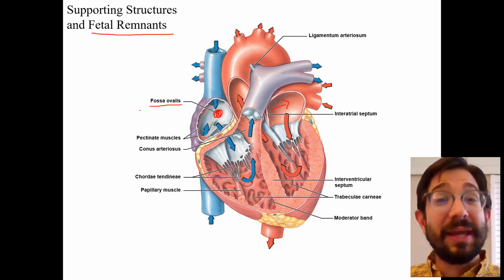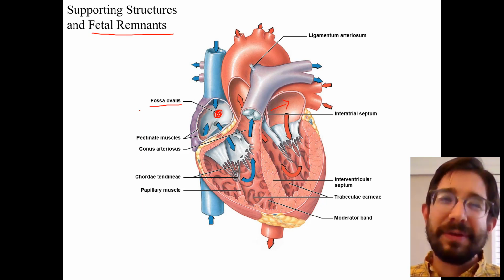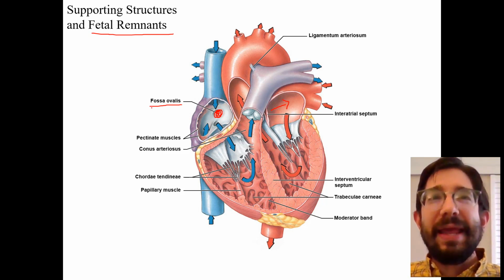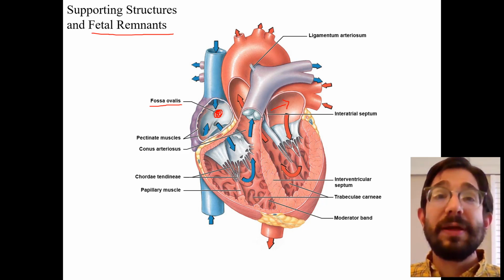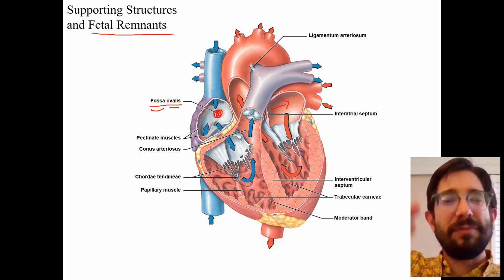When you're born and you take your first breath, there are all these pressure changes that happen when the air enters the lungs, and that pressure change causes this little flap to close up over the hole. And super quickly, that flap will just cement itself into place and just leave a little oval-shaped fossa. Remember, that means like kind of a dished out shape.